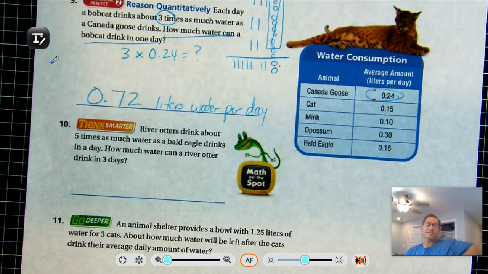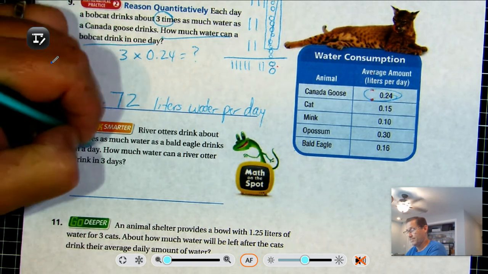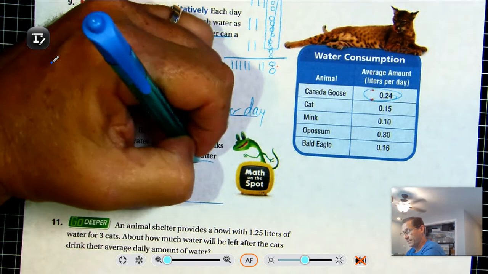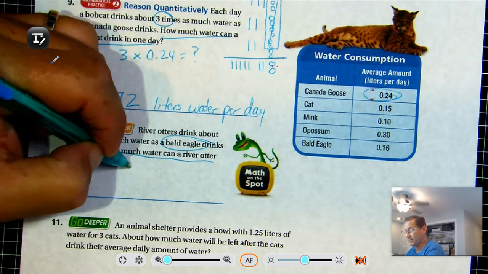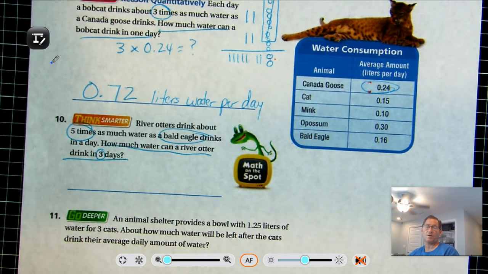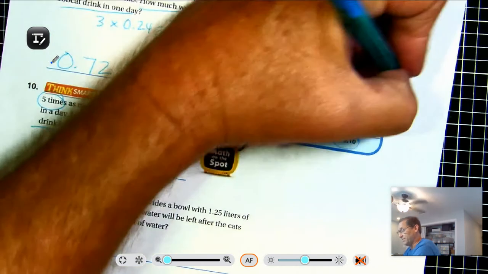How about number 10? The river otter drinks about 5 times as much water as a bald eagle in one day. How much water can a river otter drink in 3 days? Well, let's figure out how much the otter can drink in one day. The bald eagle is 16 hundredths.